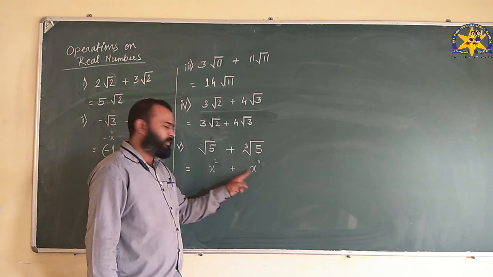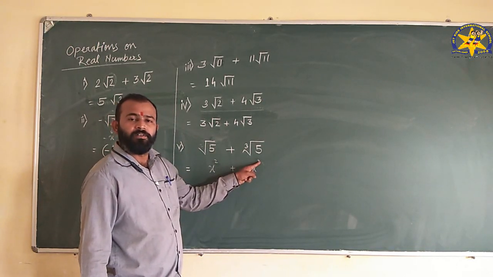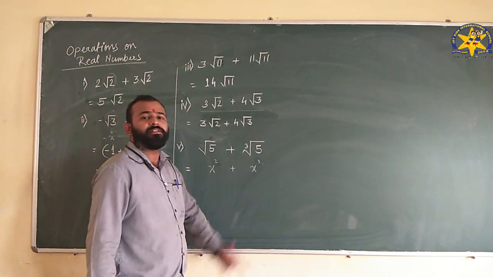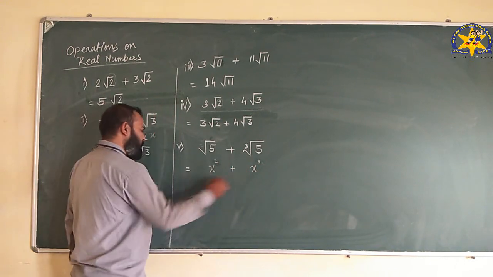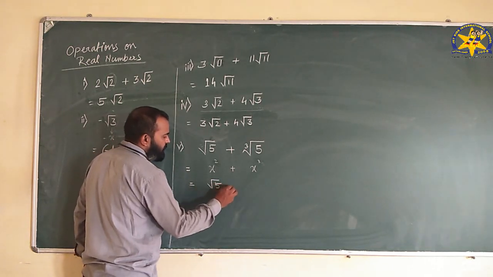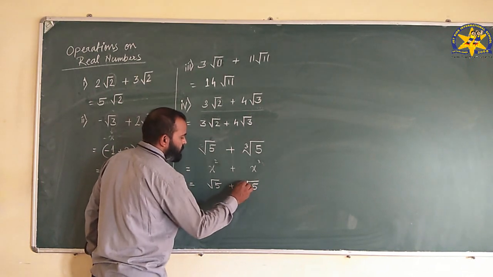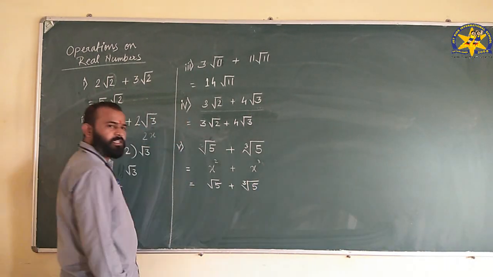Variables are the same, but they have different powers, so these can't be added. So this will remain as it is: square root of 5 plus cube root of 5.